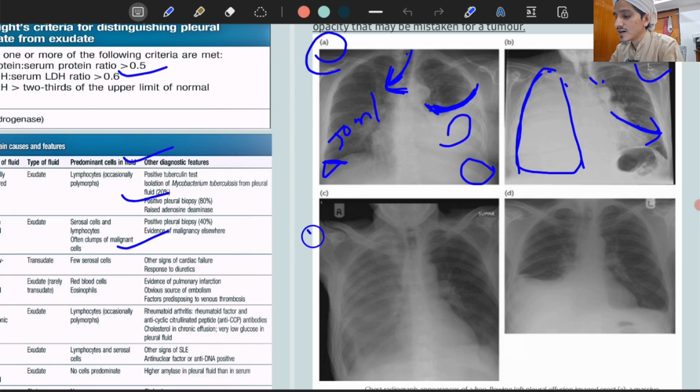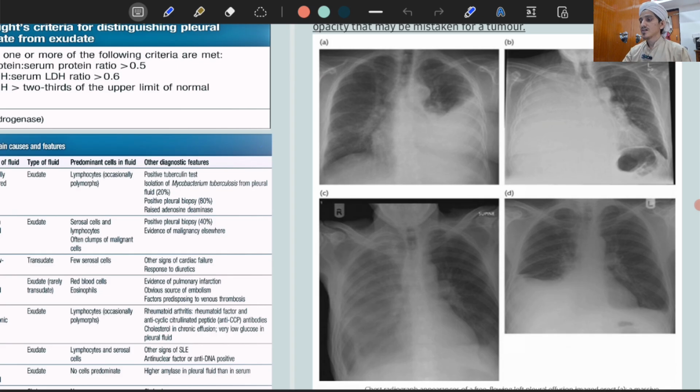This X-ray was taken in a patient who is lying down. In the same patient, when the chest X-ray is performed in upright position, see the fluid has come down and it gives an appearance similar to this picture. So these are the appearances of pleural effusion. Remember, there will be shifting of the trachea to the opposite side, there will be blunting of the costophrenic angle, and if massive, there will be shifting of the mediastinum also.